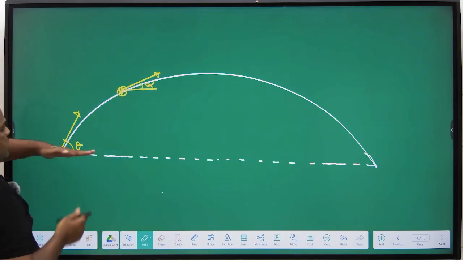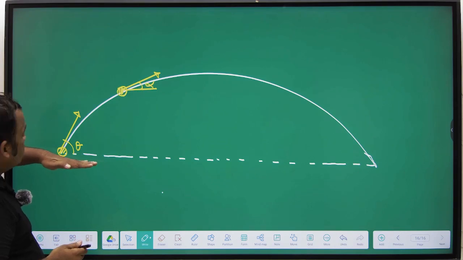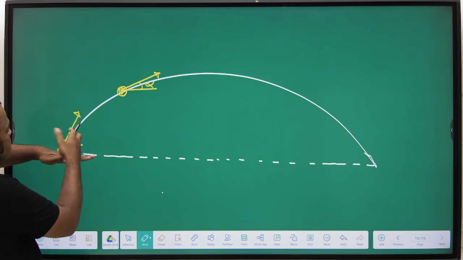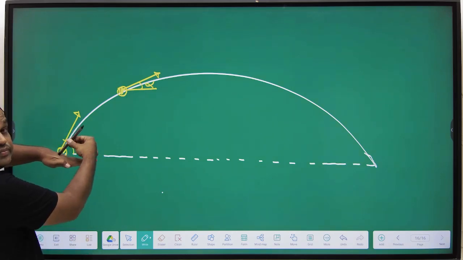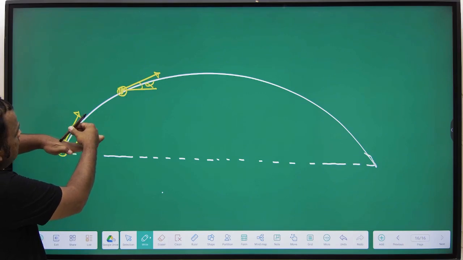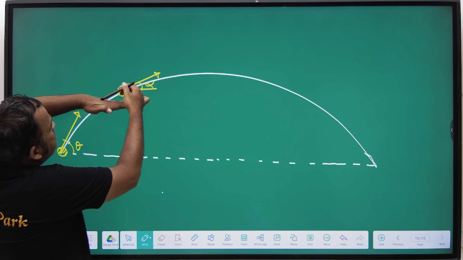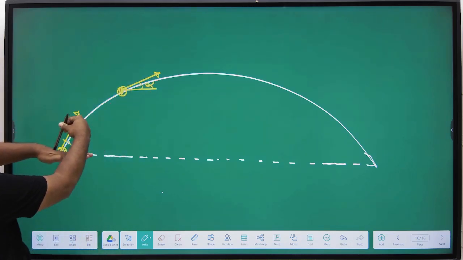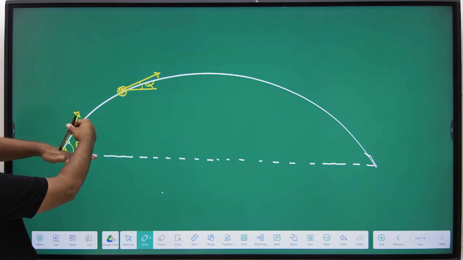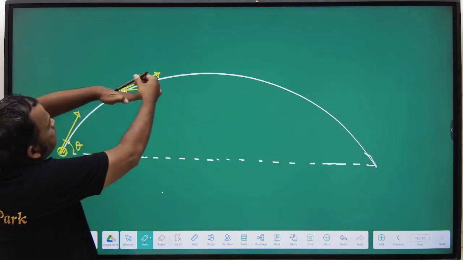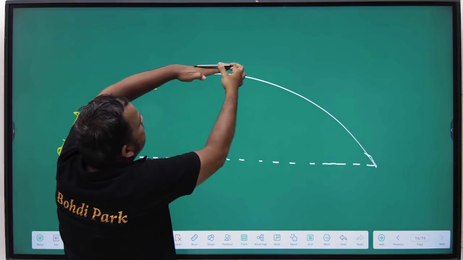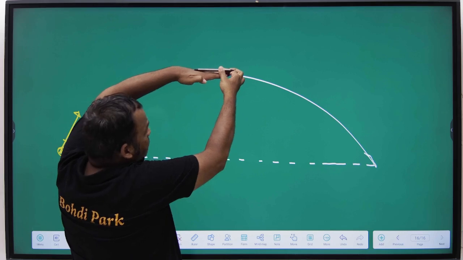This is the ground level, or the ground is horizontal. So this is the initial velocity. After some time, the velocity is like this. Initially it is making a greater angle with horizontal. After some time it is making a smaller angle with horizontal. And at the topmost point it is making zero angle with horizontal.